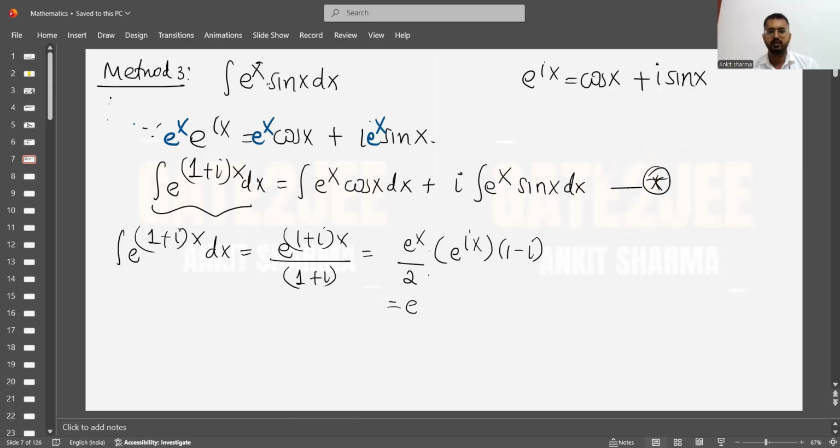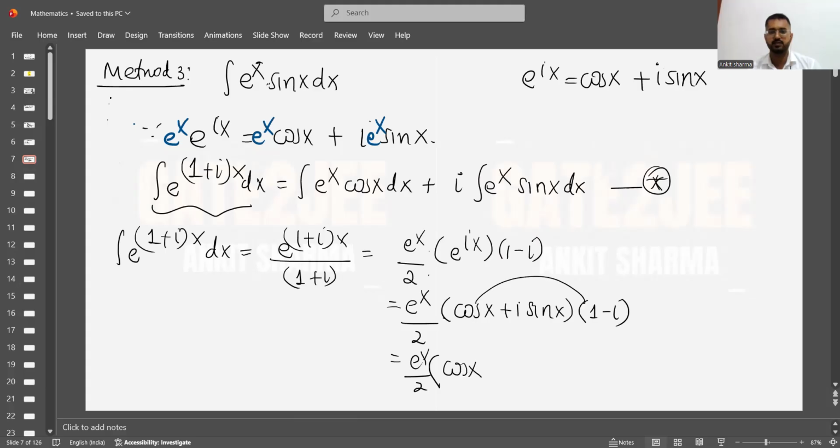So now this could be written as e power x over 2 into e power ix, which is cos x plus i times sin x, into (1 minus i). So this would be e power x over 2, and then I'll multiply this out. This gives me cos x, minus i cos x, plus i sin x, plus sin x.